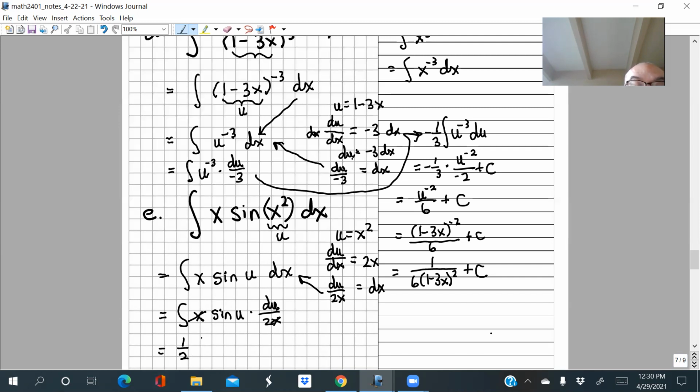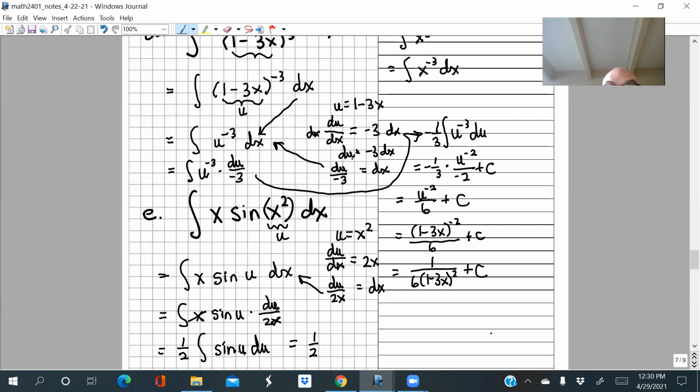So factor out a 1/2, and you have the antiderivative of just sine u du, and now you can figure out just by inspection what function's derivative is going to be sine u. Don't forget the 1/2 is going to be there, right?